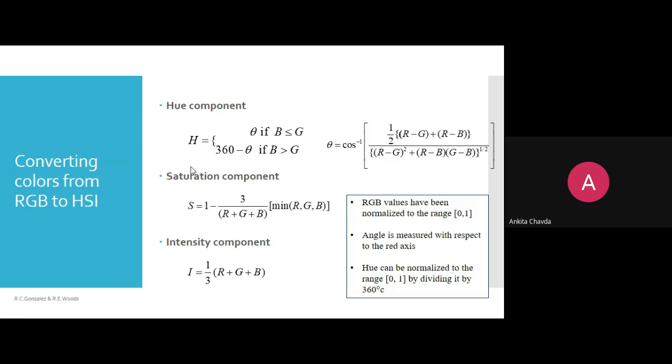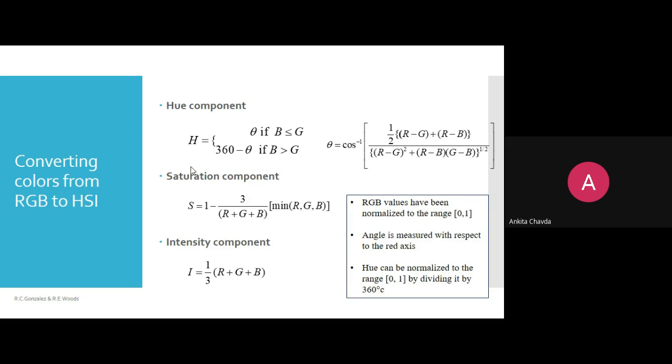So how do you calculate this theta? If the arbitrary point is somewhere, we say this is theta. But how do you calculate it? This formula is directly given, with no description, so you have to accept it. Theta equals cos inverse of one half times (R minus G) plus (R minus B), divided by the square root of (R minus G) squared plus (R minus B)(G minus B).